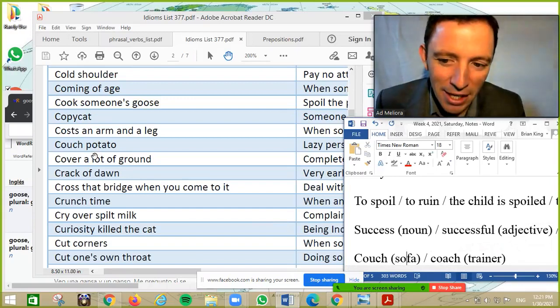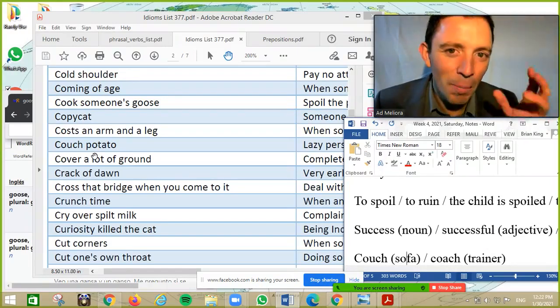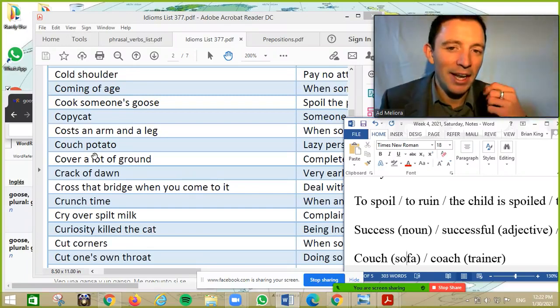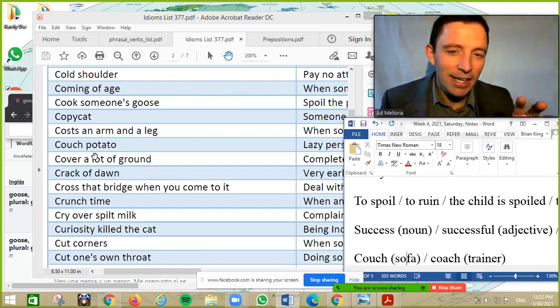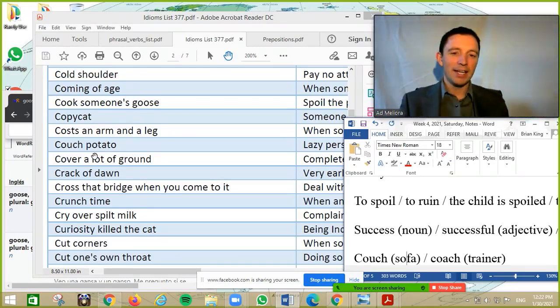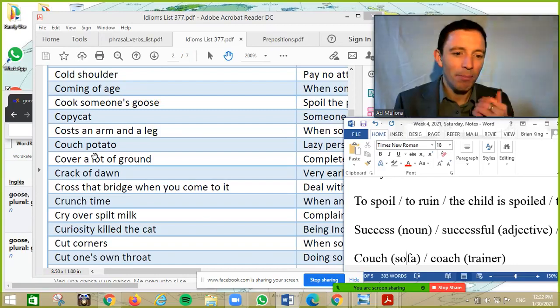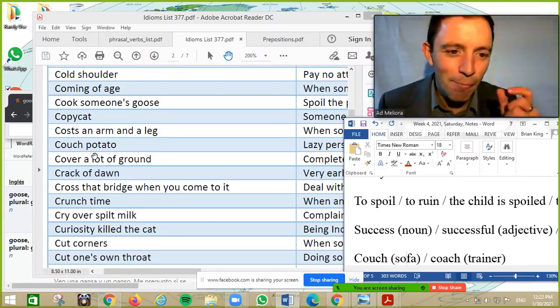Y aquí, couch potato es como patata por sofa. Pero significado, la persona, el person, quien queda en sofa por todo el día y no mover. Ahora todos somos couch potatoes porque necesitamos quedar en casa. Pero a couch potato normalmente es vago en español.